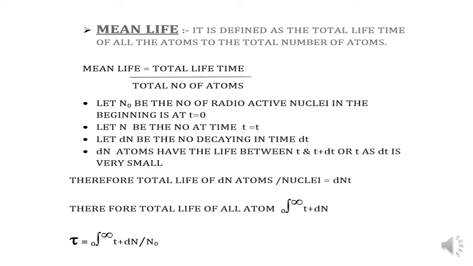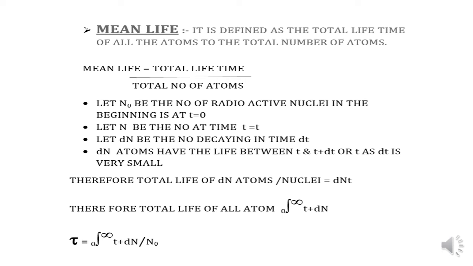So we have to take the average. That's why this parameter is defined, and the mean life of a radioactive nucleus is defined as the total lifetime of all the atoms to the total number of atoms present. Therefore, mean life is equal to total lifetime divided by total number of atoms.